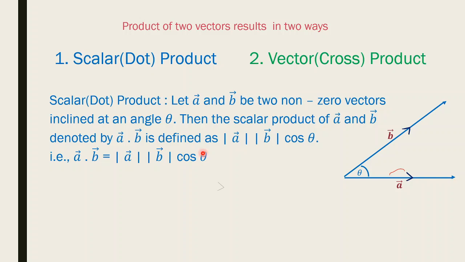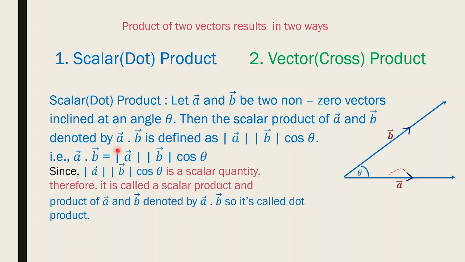And for cos of any angle, cos 0 is 1, cos 90 is 0, cos 45 is 1 by root 2, so these are also numbers only. That means all three are scalars. When you multiply these three scalars, we get the result as a scalar only.